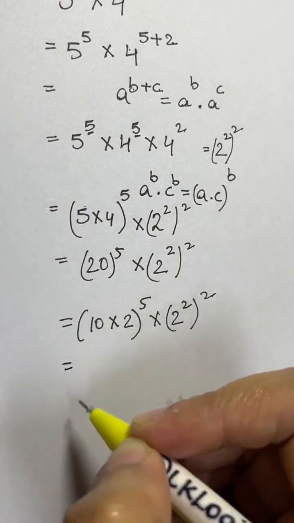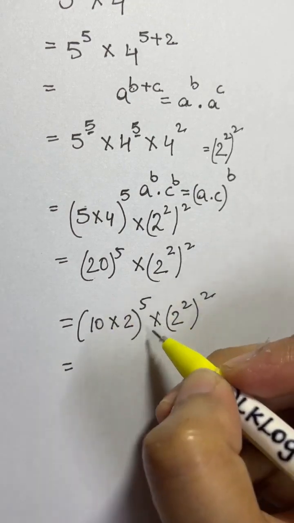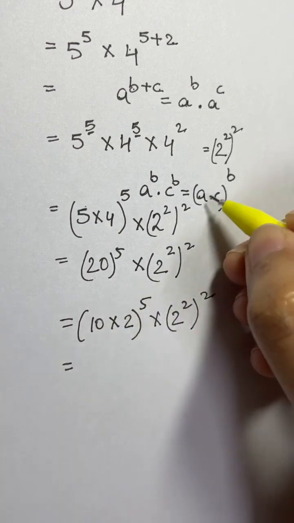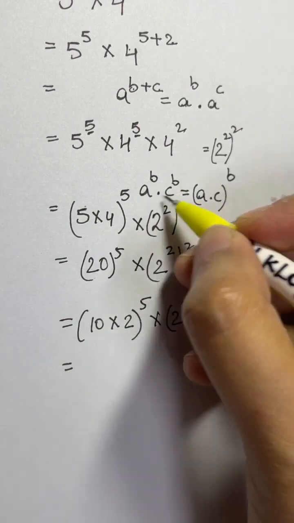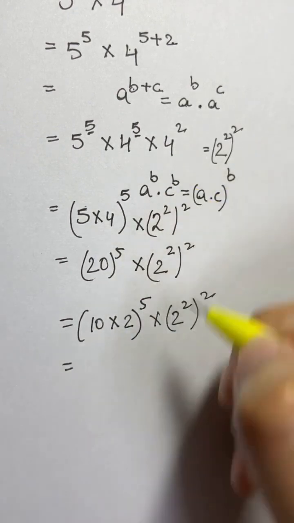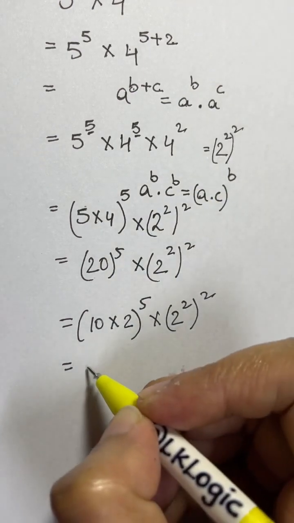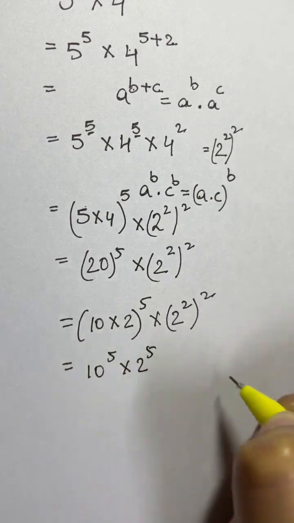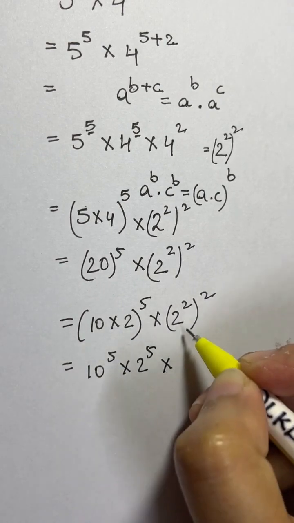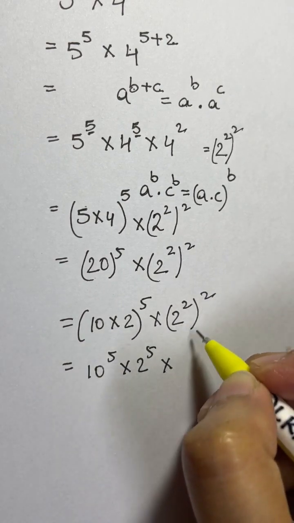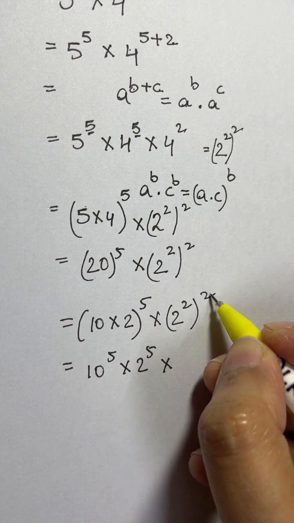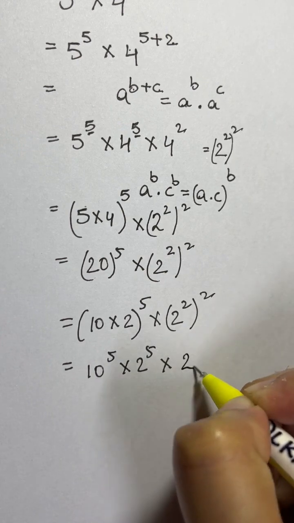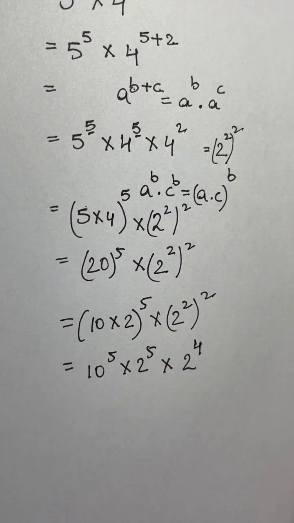Now again you can use the same formula here. a into c whole to the power of b can be split into a to the power of b times c to the power of b. So we can write it as 10 to the power of 5 into 2 to the power of 5 times 2 squared whole squared. 2 times 2 is 4, so you have 2 to the power of 4.